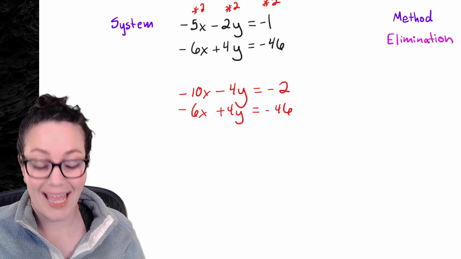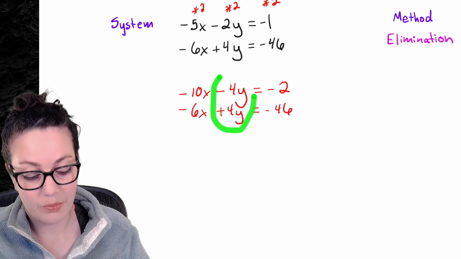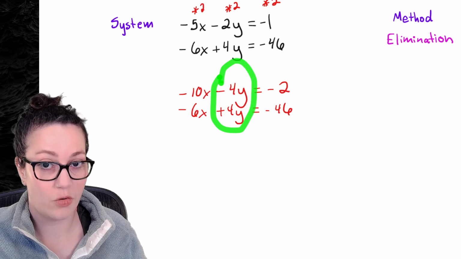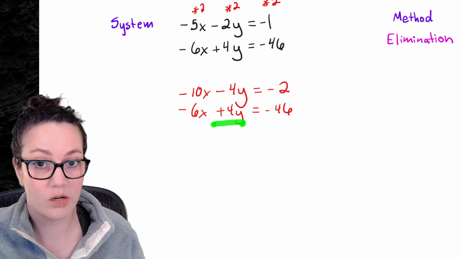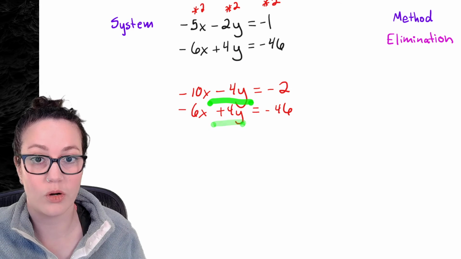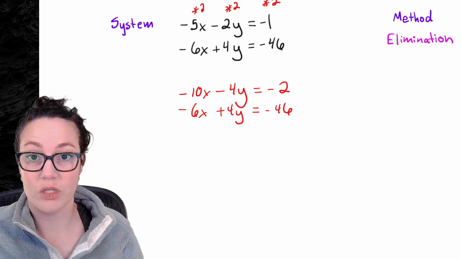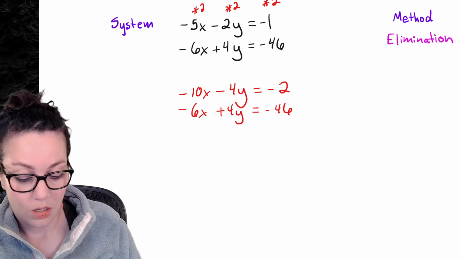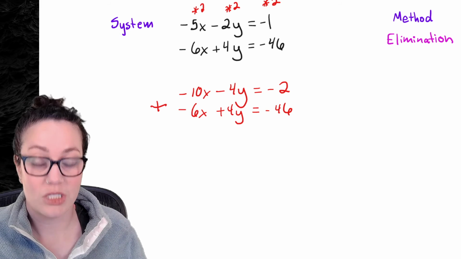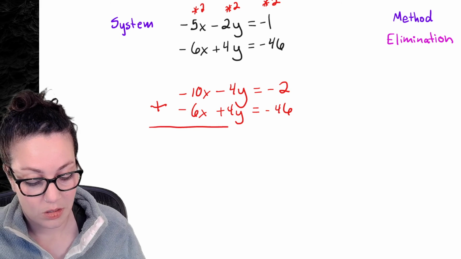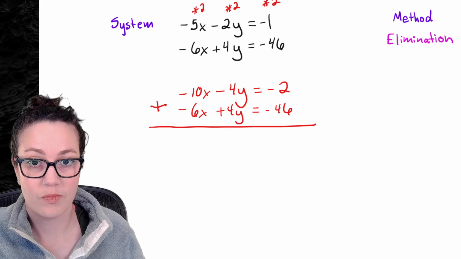Cool. Now I can see opposite coefficients on the same variable. We've got positive 4y in the second equation and negative 4y in the first equation. So we are ready to eliminate. I'm going to add the equations together. Reminder that I'm adding.